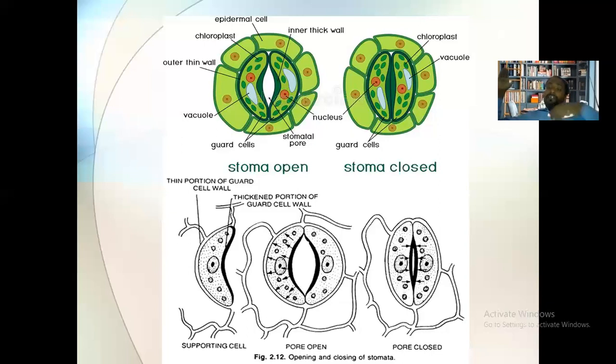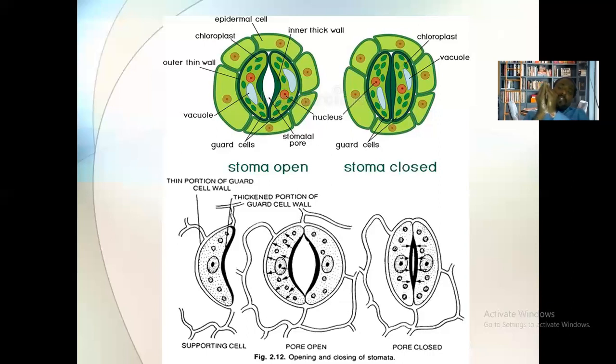And this process, release of the pressure, results in the outer wall being sent back to its original position. The outer wall of the stomata will go back to its original position slowly due to the release of this turgor pressure.